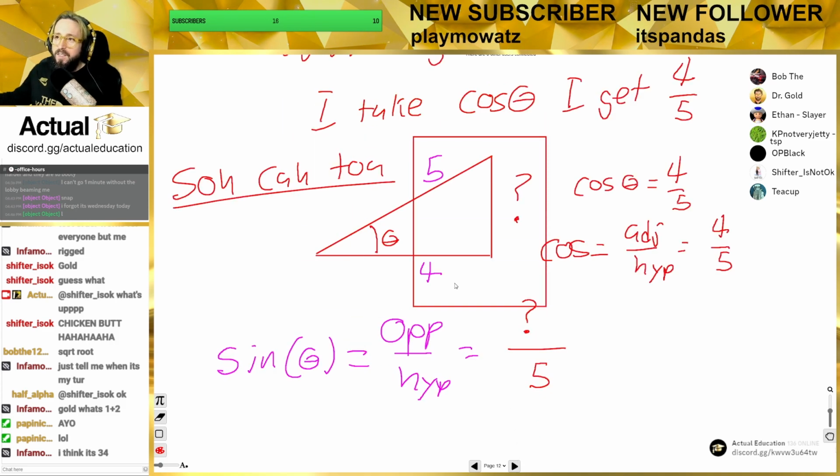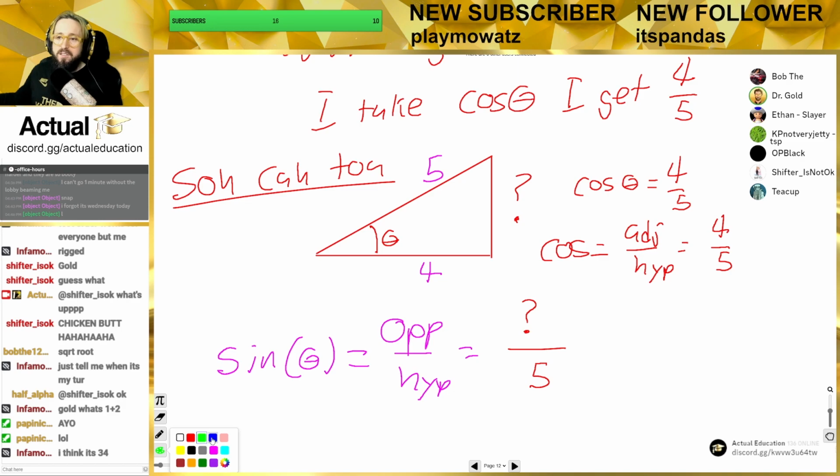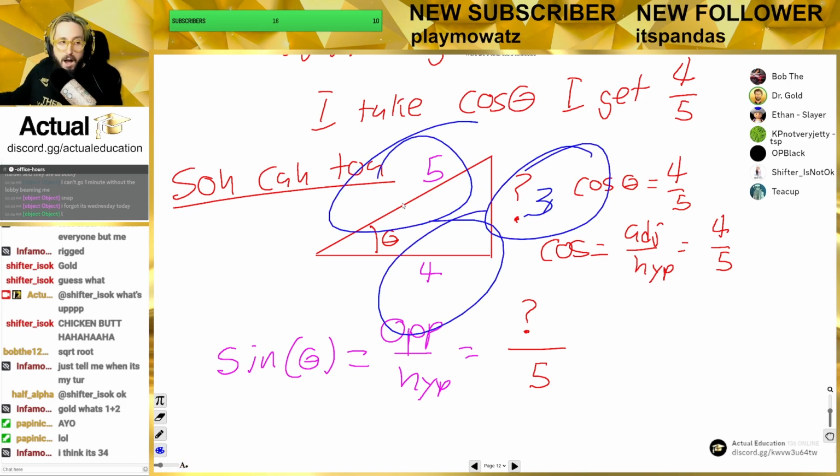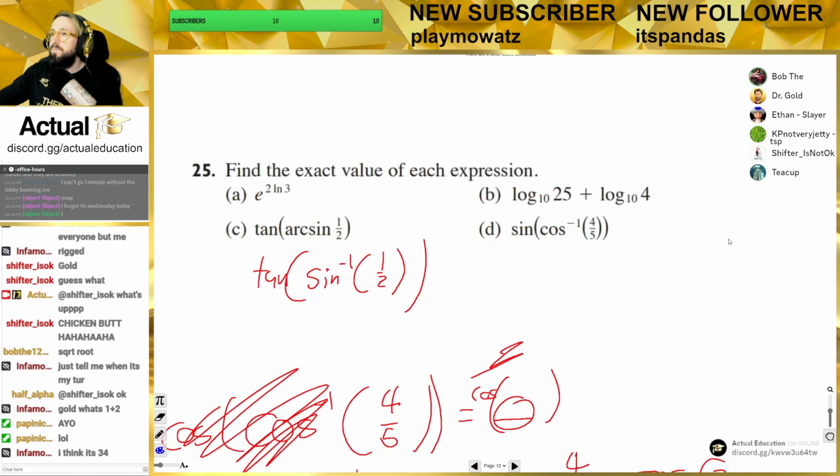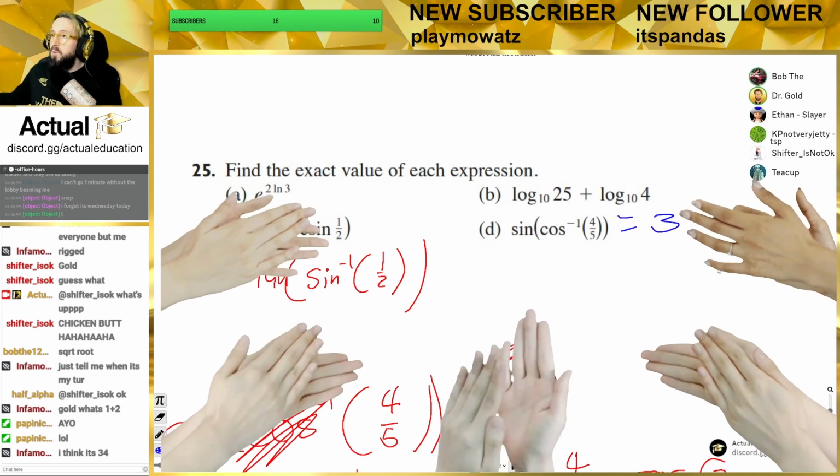They want easy, nice numbers. You should always be looking for this in homework and test questions. So we know that this side is going to be 3 because that makes a 3, 4, 5. So the sine of this is going to be 3 over 5. This whole answer is just 3 over 5. See how that works? Pretty cool.